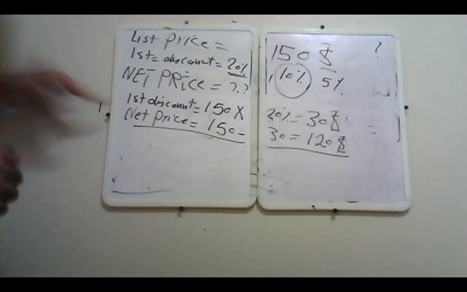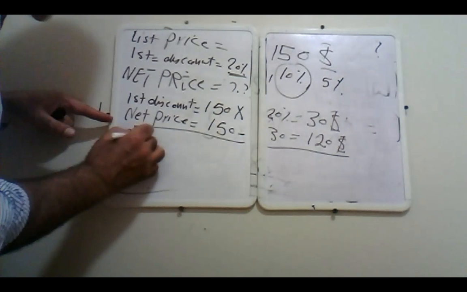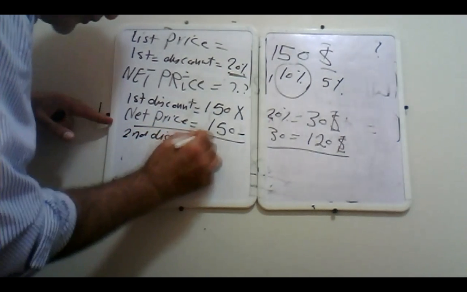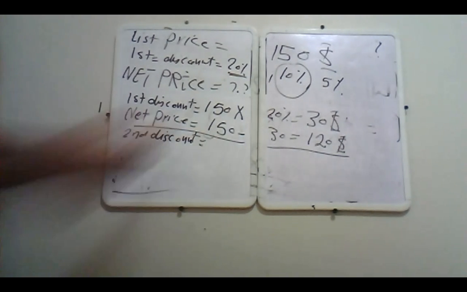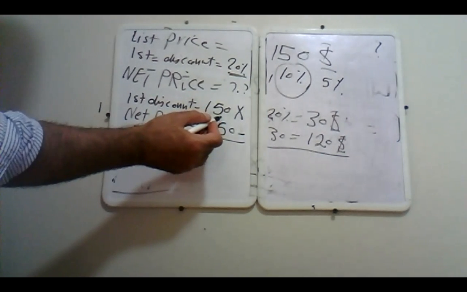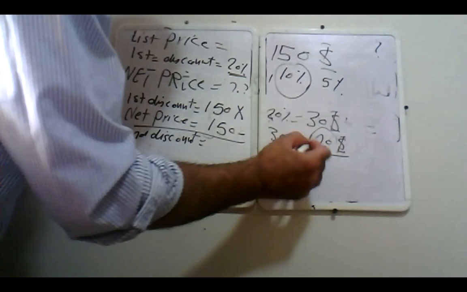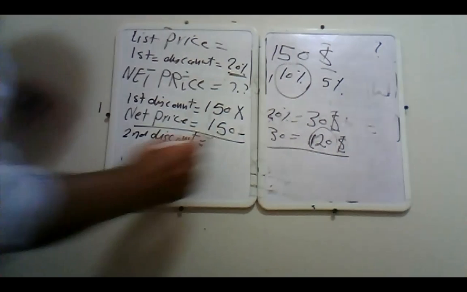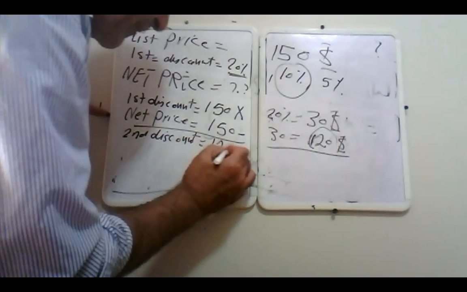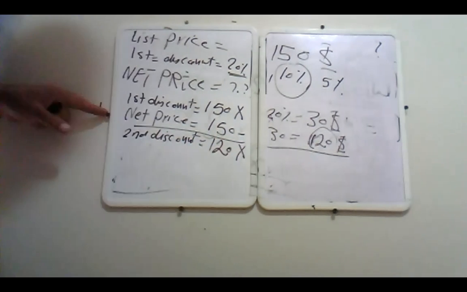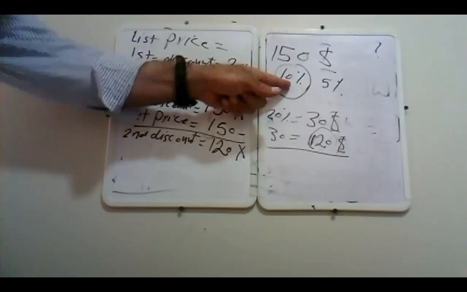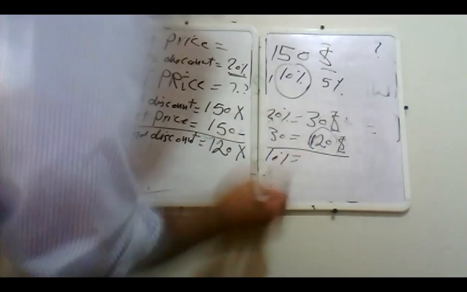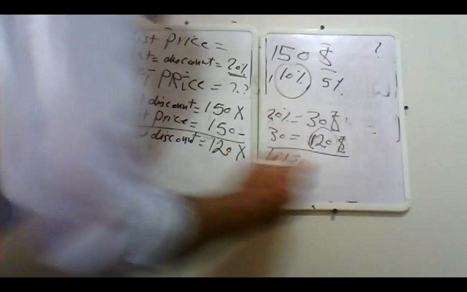Then second discount will be, I won't take the 150, I will take the 120, it will be the list price. So 120 multiplied by the rate of discount of the second stage, 10%. With the calculator, this will give you $12.